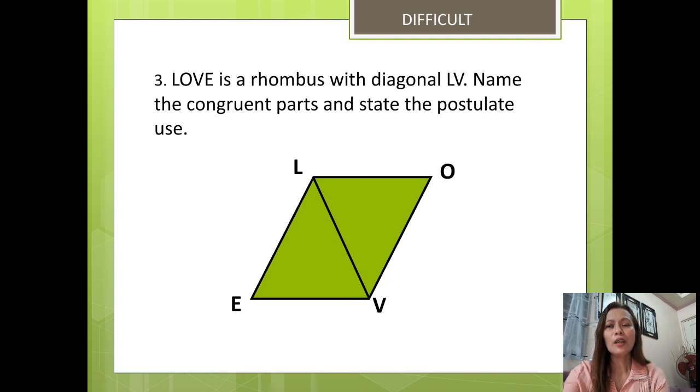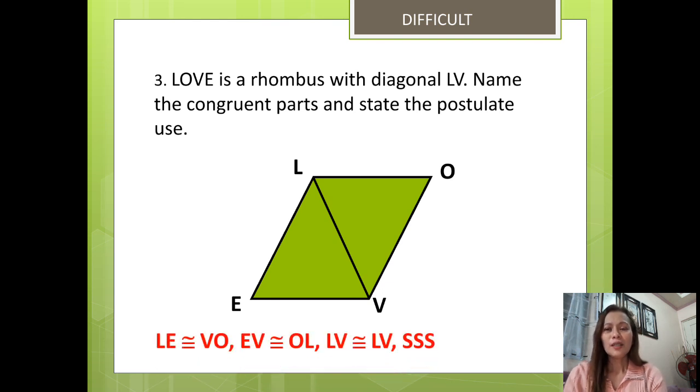So the answer is, so side LE is congruent to side BO. Side EV is congruent to side OL. Side LB is congruent to side LB, or side BL. And that is side, side, side.